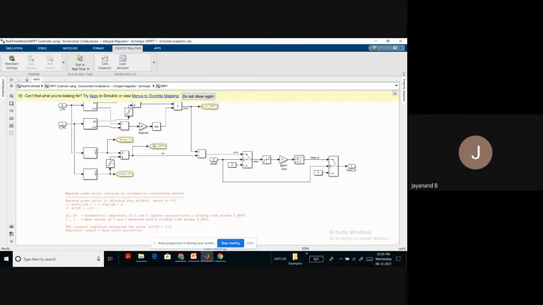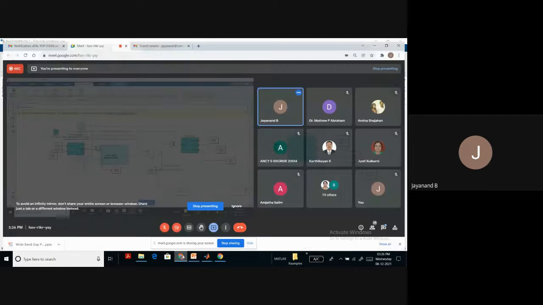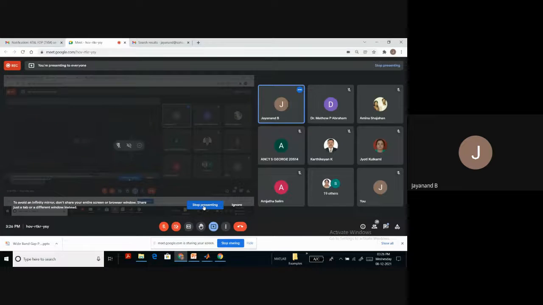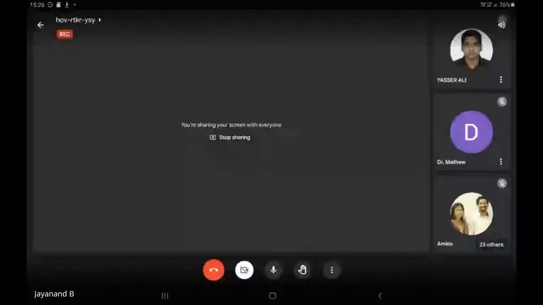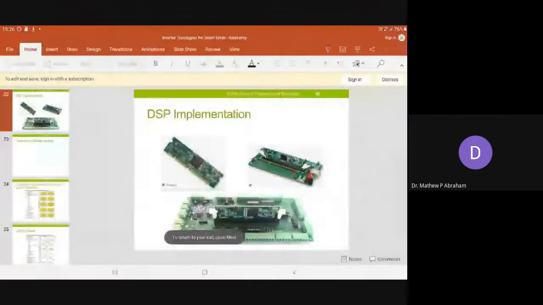Just change these parameters, any of these parameters, and it will automatically get updated.